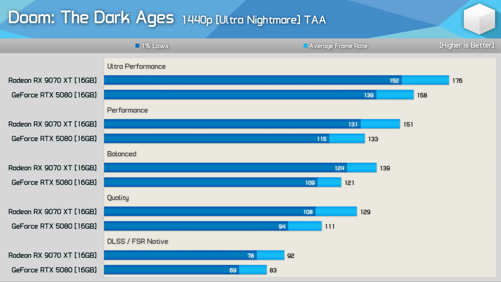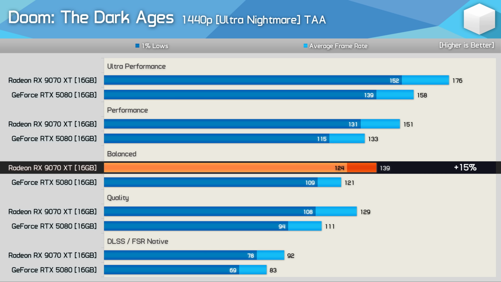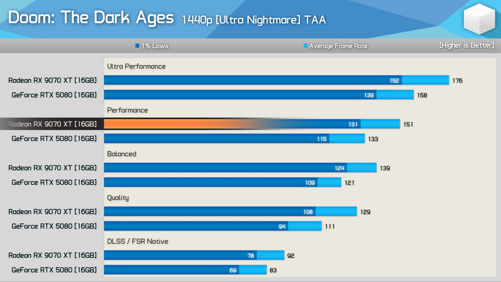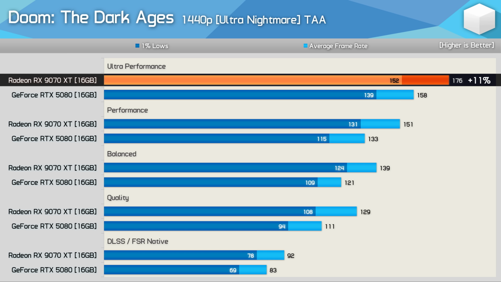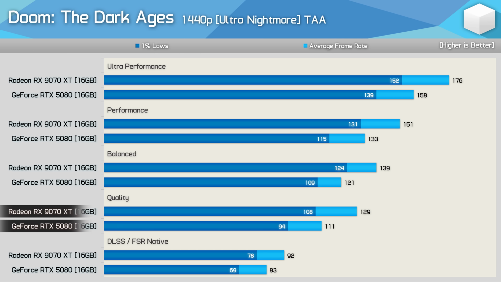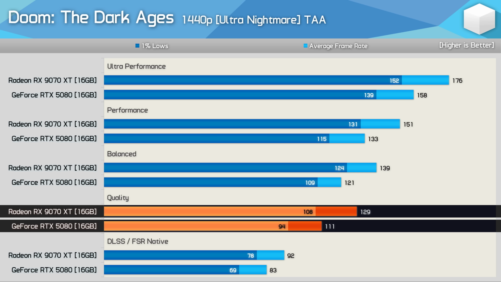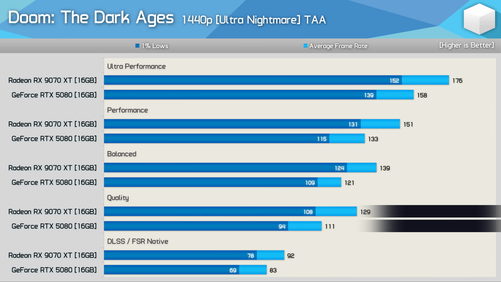The margin is then reduced slightly to 15% with the balance settings, 14% with performance, and then back to 11% with the ultra performance setting. At 1440p, I recommend the quality option for both GPUs, as this provides the best balance of visuals and performance.